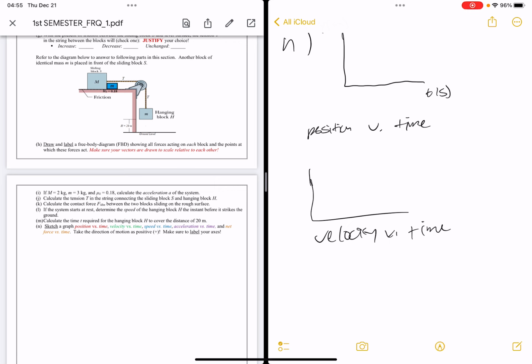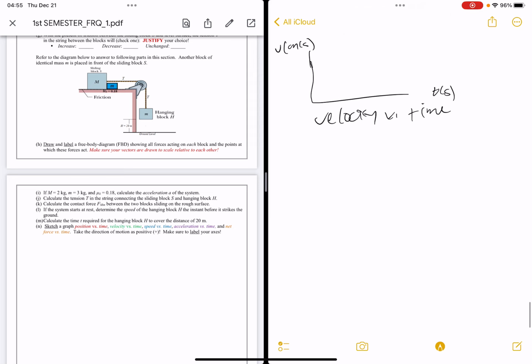This would be v in meters per second, and time is in seconds.